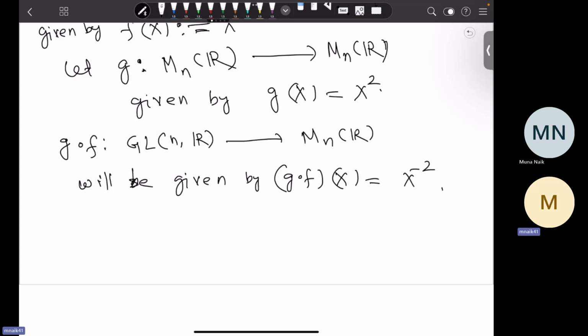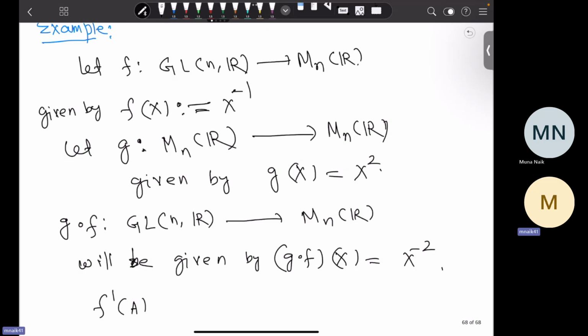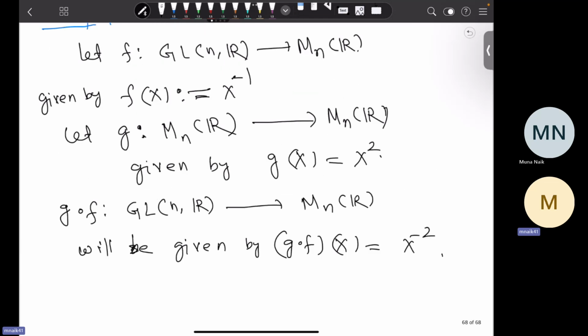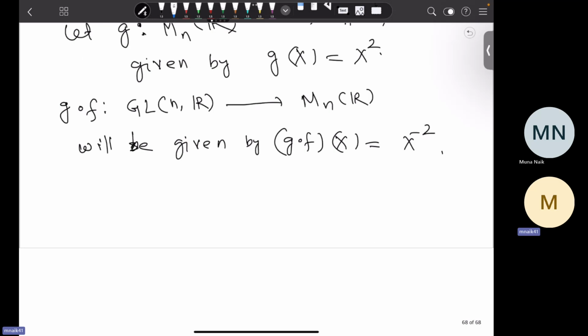We want to calculate the derivative of this composition G composition f of x is equal to x to the power minus 2. Now, what is f prime of A at h? So what is the question here?